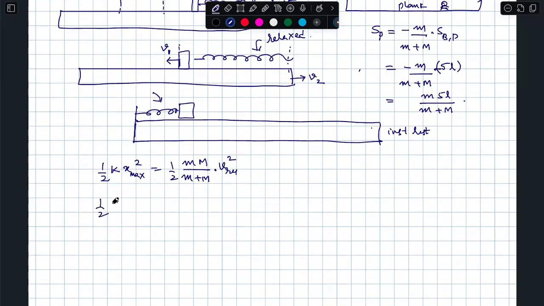Half kL square is equal to half small m capital M by small m plus capital M, V relative means V1 plus V2 whole square. And by the way, one more important point is mV1 is same as MV2 according to the law of conservation of linear momentum.